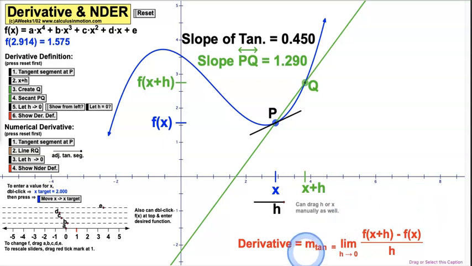So what we do is we say, this is what we call the derivative, and the slope of the tangent line is the limit as h approaches 0 of this difference quotient, which is really just the slope of the secant right here. Once we take the limit as h approaches 0, it now becomes the slope of the tangent line.